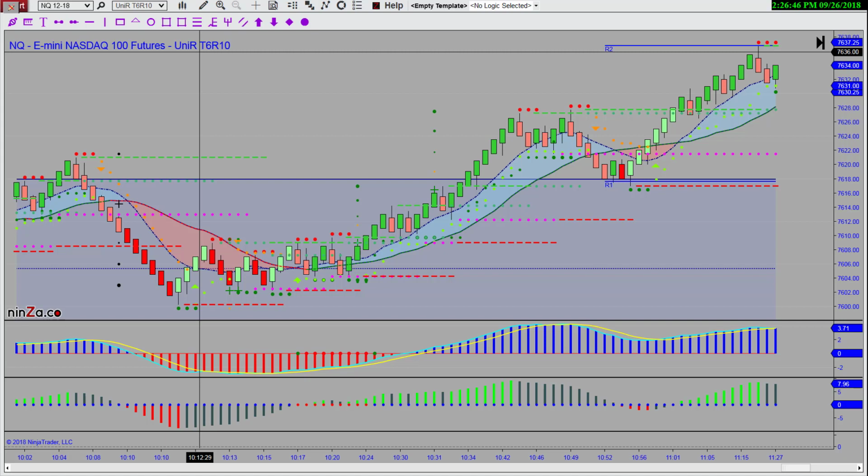With the higher number, like the 10, you get fewer signals. That could be good or bad. And sometimes they'll be later than obviously you would get with a 6. So you could actually miss good trades because it didn't signal quickly enough.